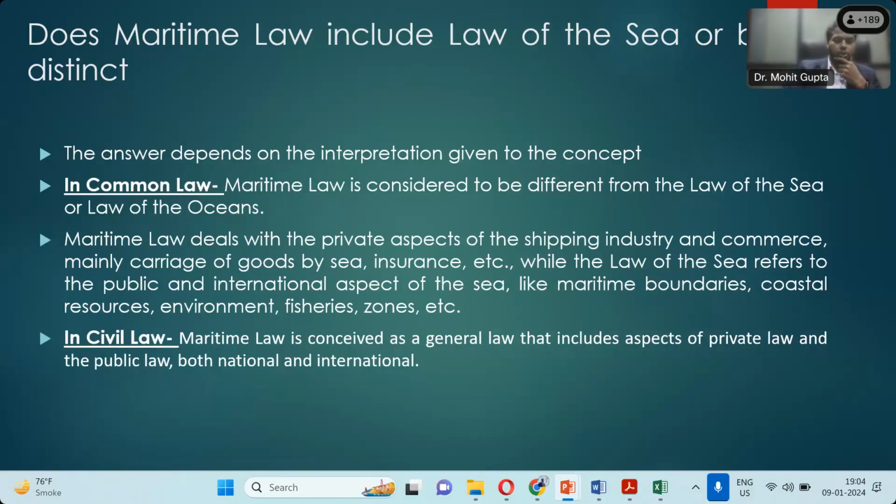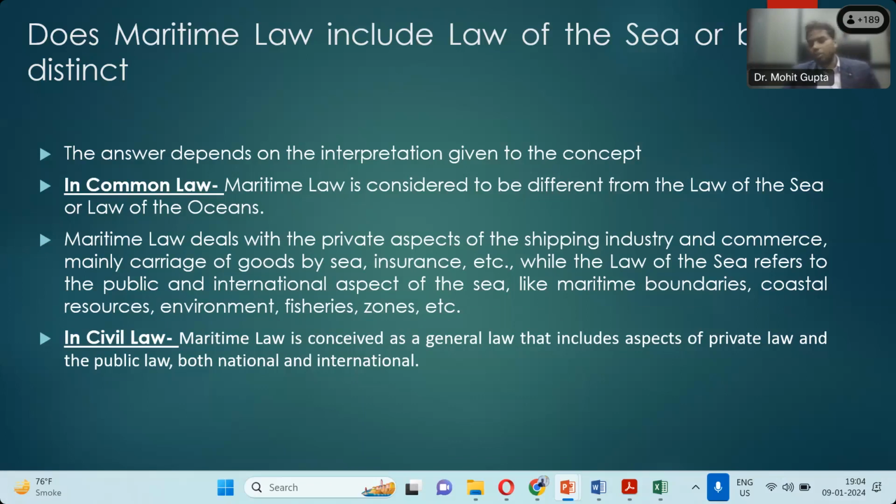Particularly in common law countries, the view of scholars has been that maritime law deals with private aspects of the shipping industry, such as bill of lading, shipping contracts, marine insurance, towage, and salvage. When we talk about law of the sea, the idea is that we talk about the international aspects of the sea, maybe maritime boundary, maritime environment, or fisheries.